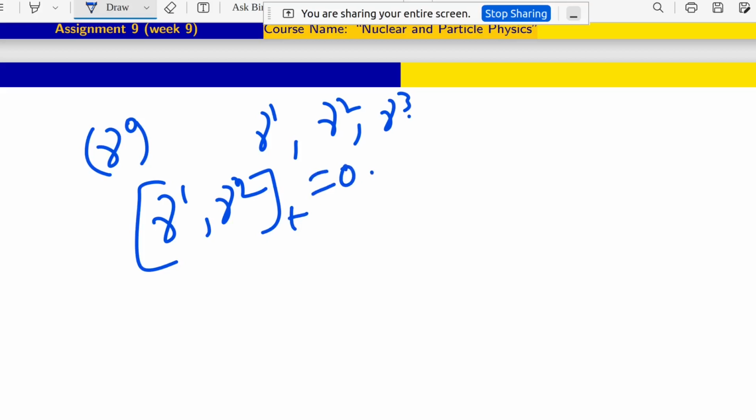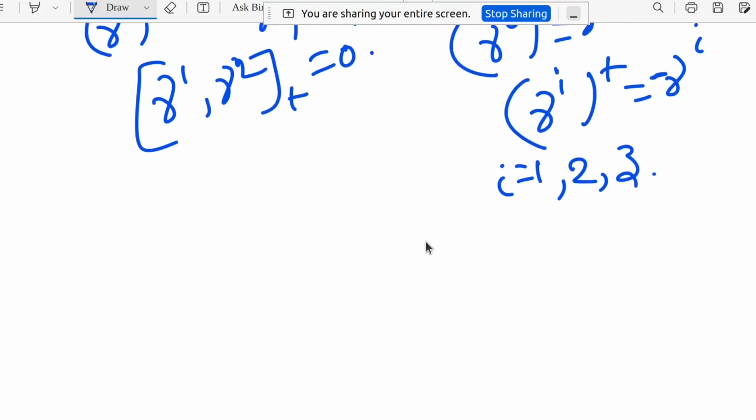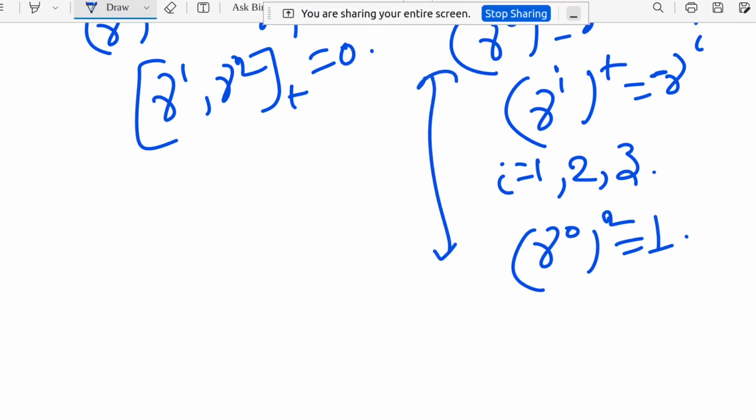Any two different gamma functions have anti-commutation 0. And especially gamma 0 dagger is nothing but gamma 0, gamma i dagger is minus gamma i. What is i? i stands for 1, 2, 3. And another property for gamma 0 is gamma 0 square is 1. So these three properties we will use for our question.